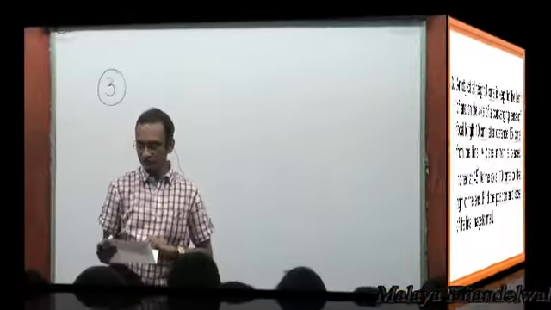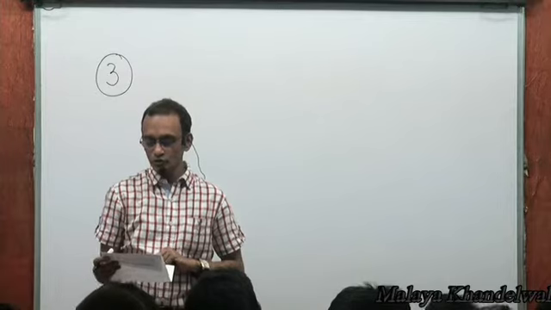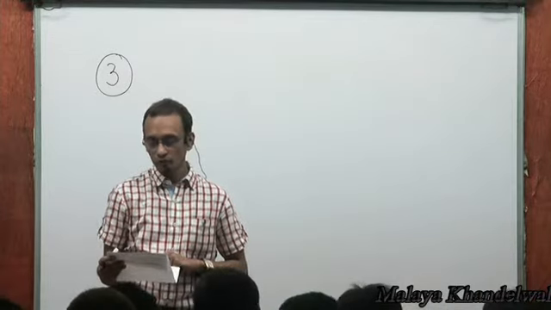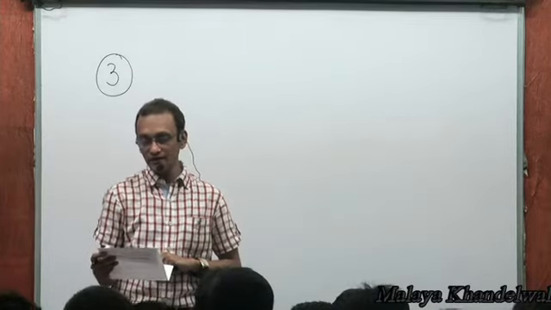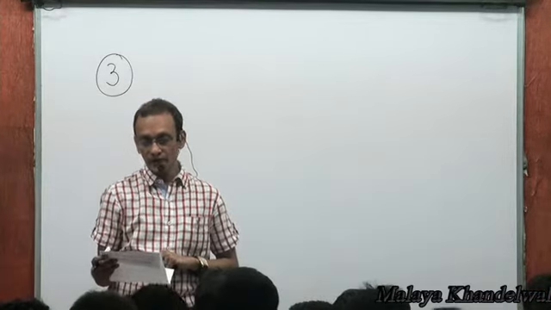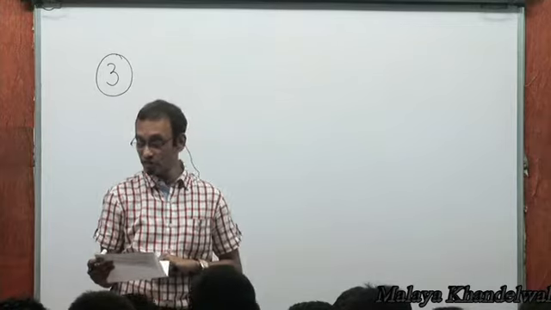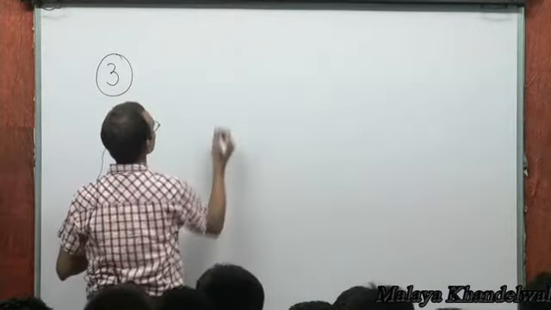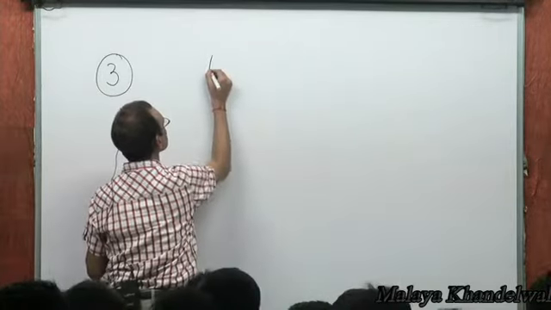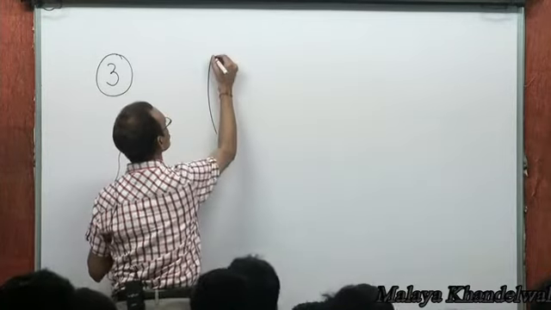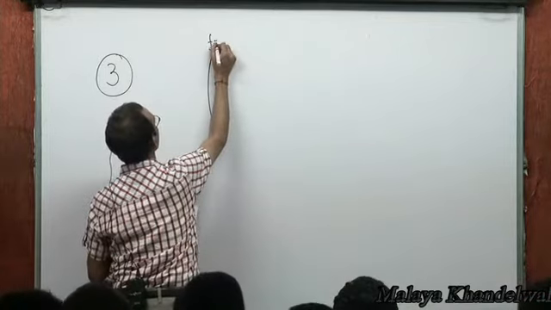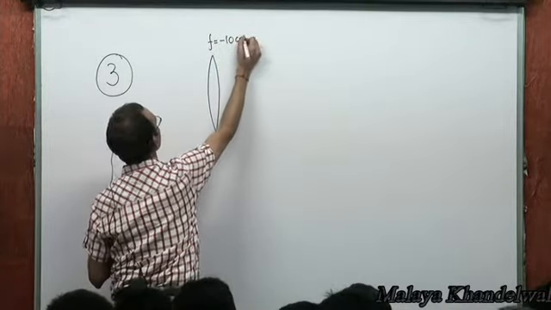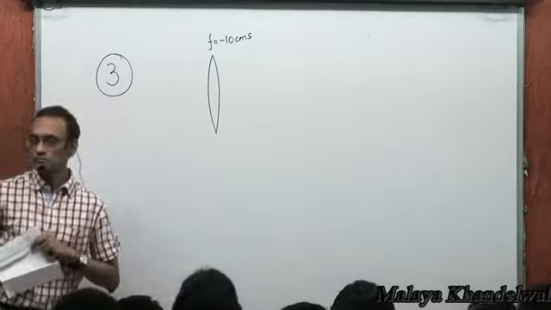An object of height 4 centimeters is kept to the left of and on the axis of a converging lens of focal length 10 centimeters at a distance 15 centimeters from the lens. Converging lens, focal length 10 means minus 10 centimeters, right?